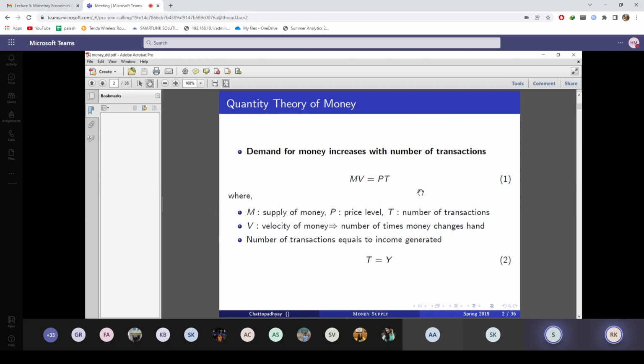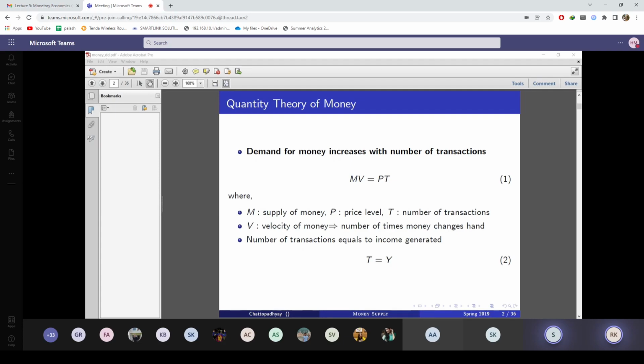And what is this velocity? You see, the monetary authority initially has given 50 rupees to Odrija. When that 50 rupees got transferred to Sneha, it basically increases the income by an extra 50 in the economy. Now, when this 50 rupees is transferred from Sneha to Sachi, another 50 rupees.